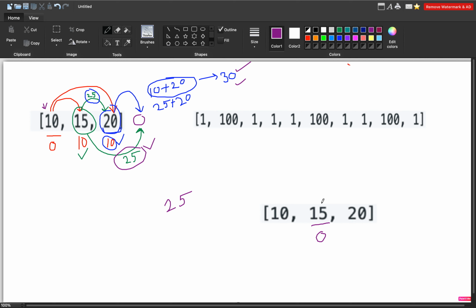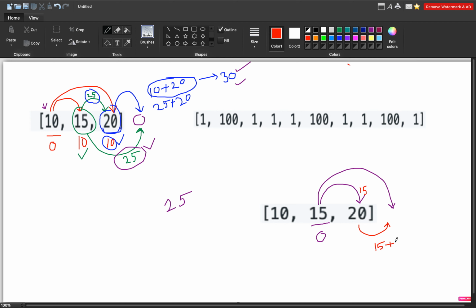Now we have two options: we can jump from here to here, or we can go directly outside it. The aim is to get outside the array, so don't confuse yourself. If you go from 15 to 20, the cost will be 15 to reach the 20, and then 20 will take another jump, which will be 15 plus 20.